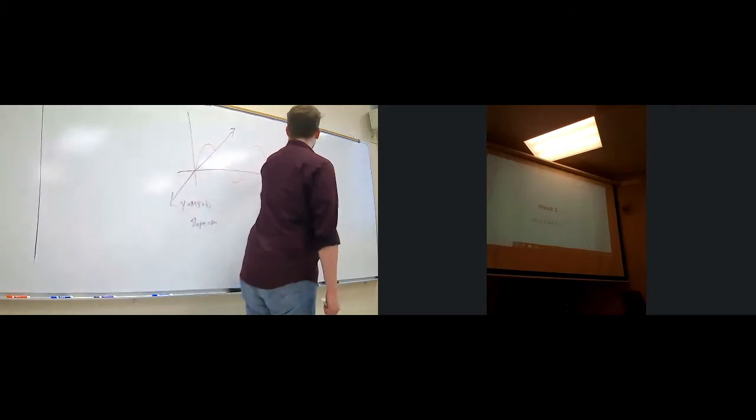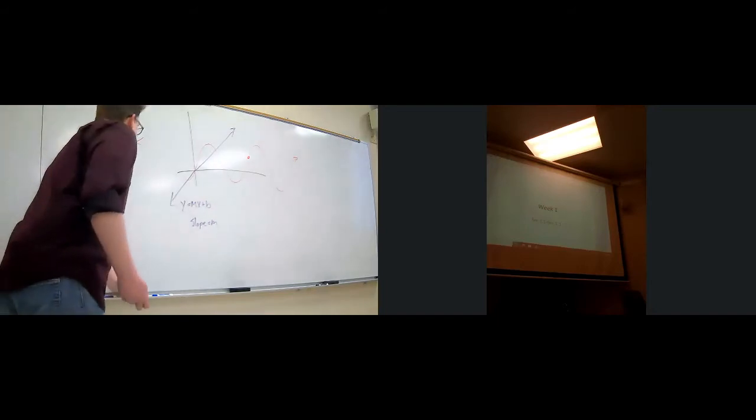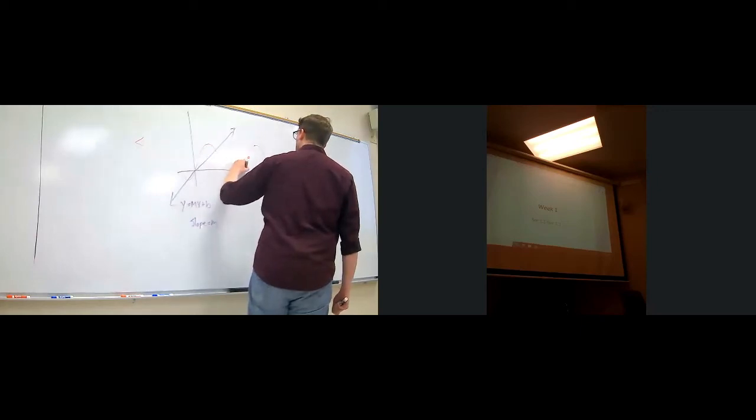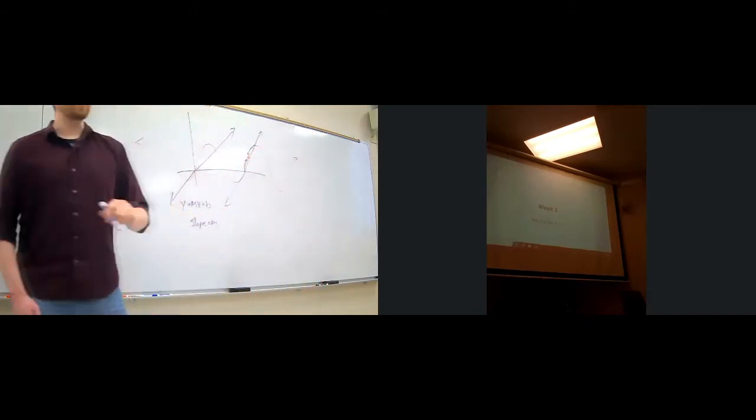But what about something like this? Let's say I wanted to find the slope here. How would I do that? Well, one thing we could do is take a secant line and squeeze these two points in until they get to that spot.